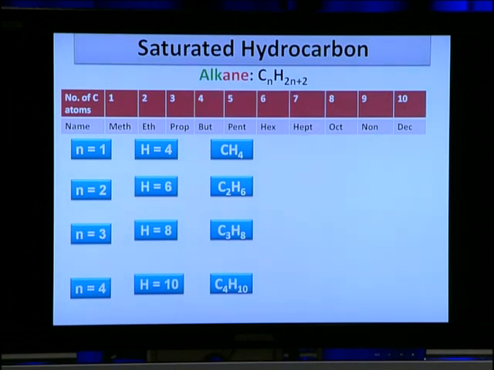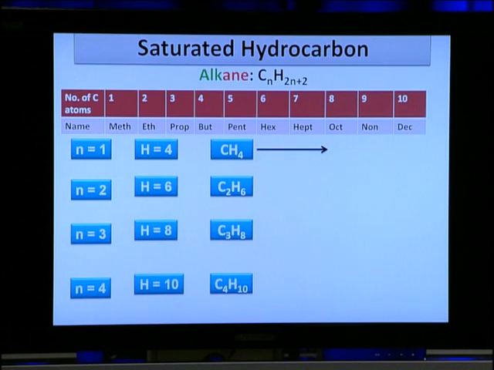And when the number of carbon atoms is 8, you give the prefix as oct. When the number of carbon atoms is 9, we give the prefix as non. And finally, when the number of carbon atoms present in the hydrocarbon is 10, we give the prefix as dec. Taking those things into consideration, you can really name those compounds. It's very simple.